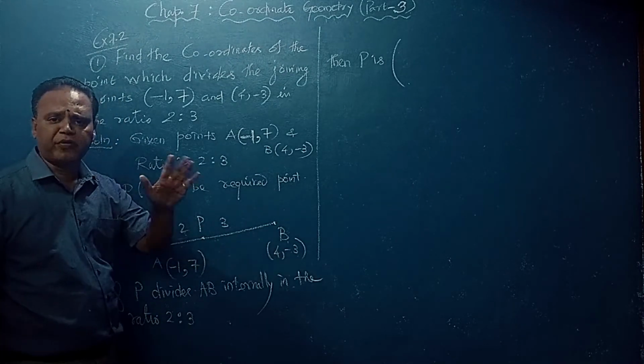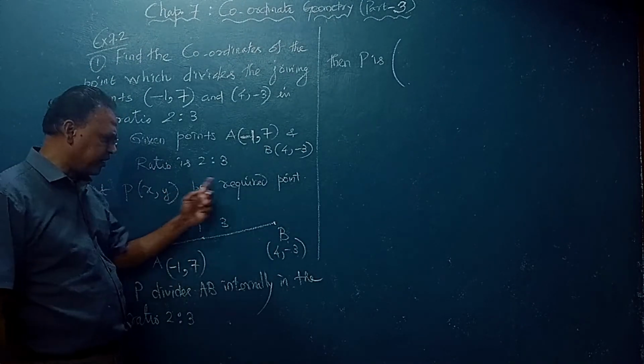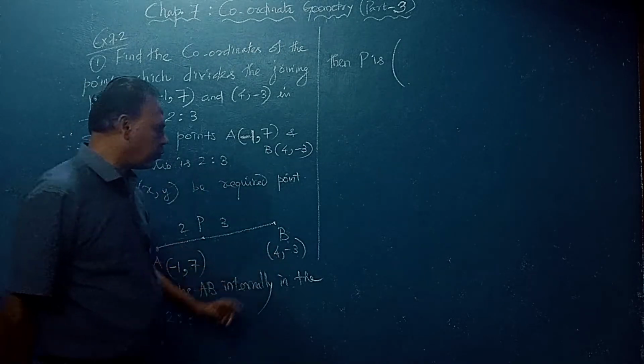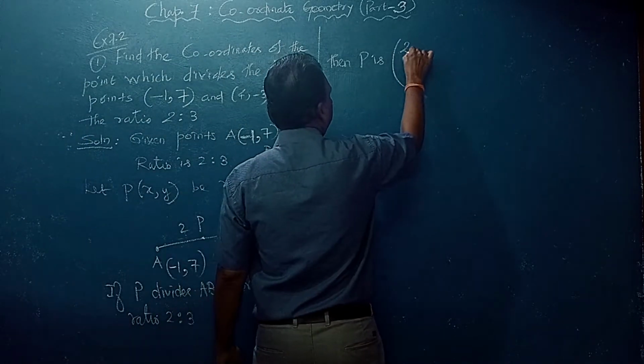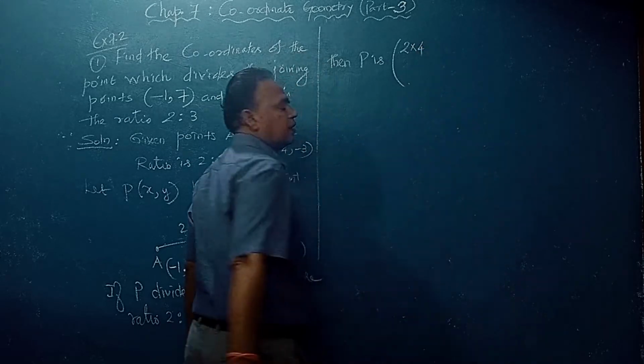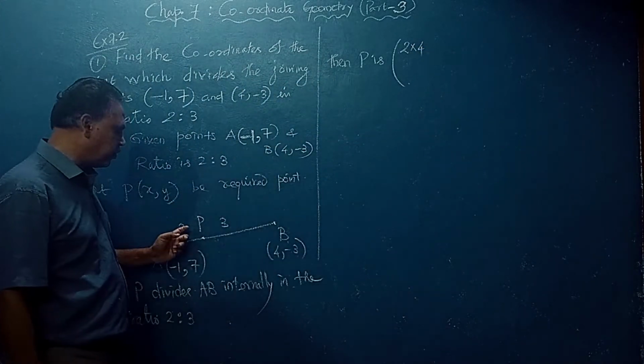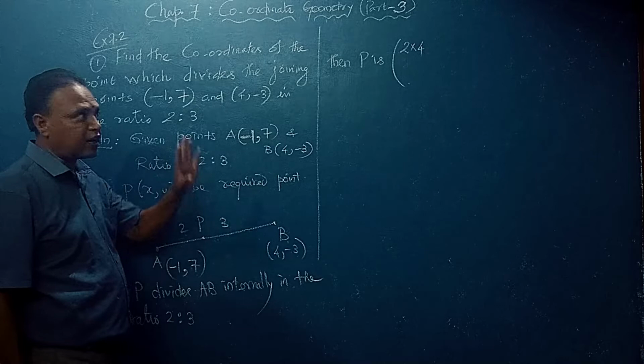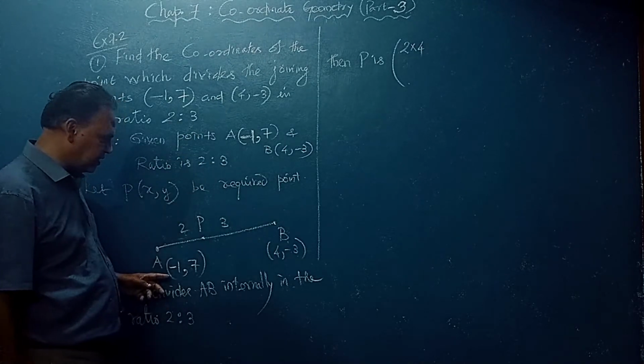You don't need to remember the formula, just the idea: cross multiply. 2 into 4. For the time being I am writing it out; you can directly write 2 into 4 is 8. For understanding purposes, first I am writing it like this.